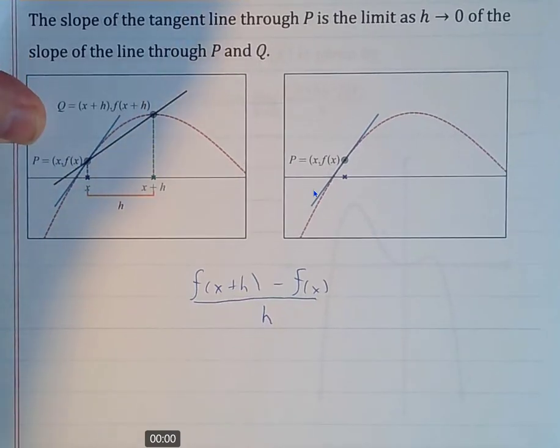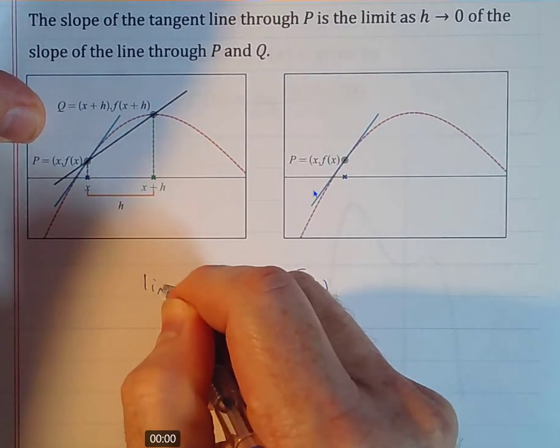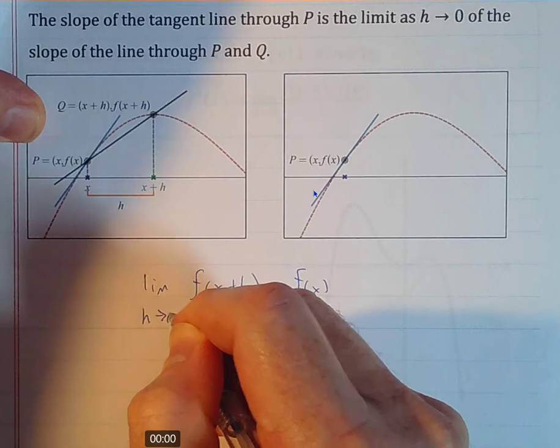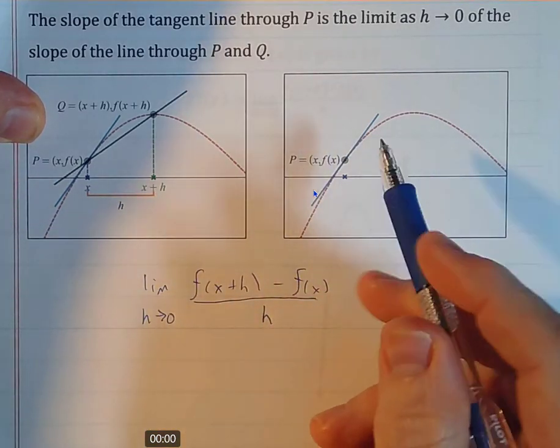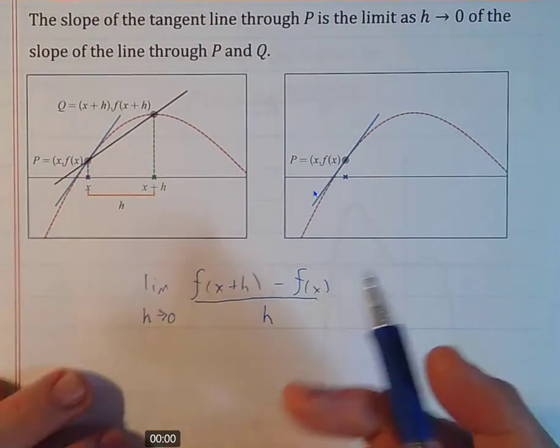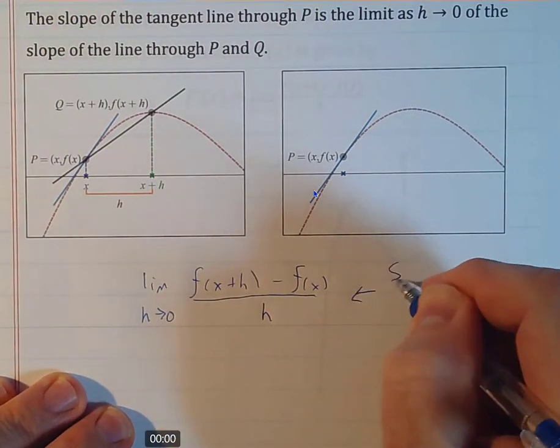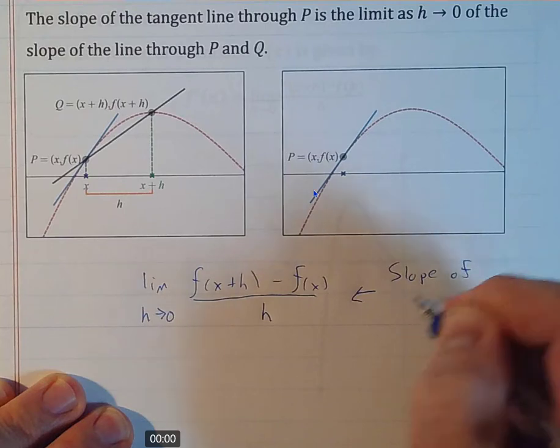That's the slope of the secant line. If I take the limit of this as h approaches 0, then we end up with the slope of the tangent line over here. So this is the slope of the tangent line.